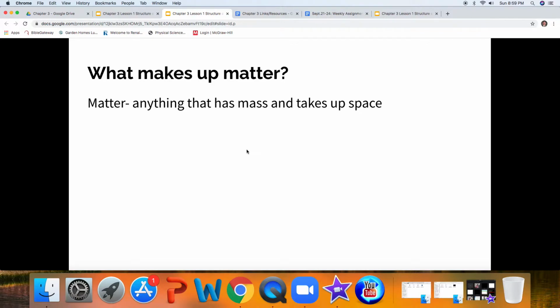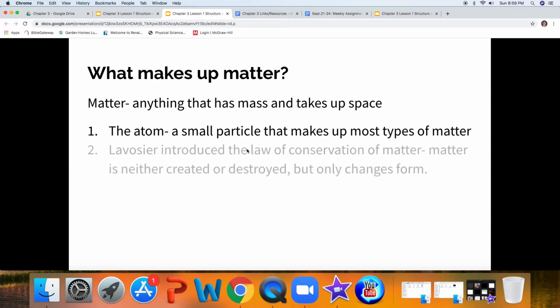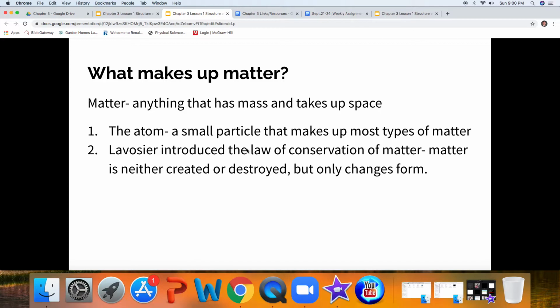It wasn't until the early 1800s that scientists built upon the concept of atoms to form the current atomic theory of matter. Matter is anything that has mass and takes up space. The atom is a small particle that makes up most types of matter. Lavoisier, as we read in the next section, is going to introduce to us the law of conservation of matter, that matter is neither created nor destroyed, but only changes forms.